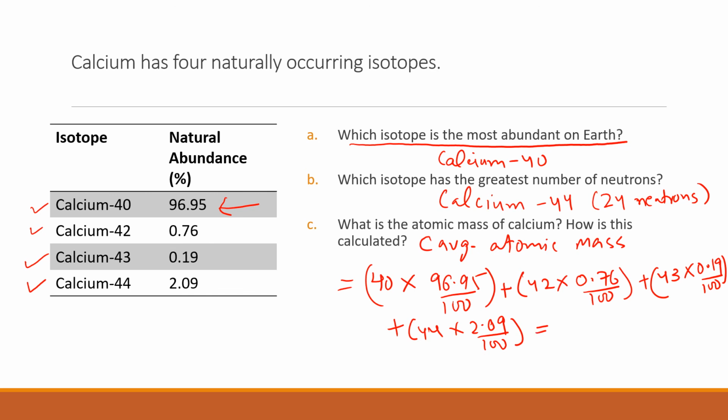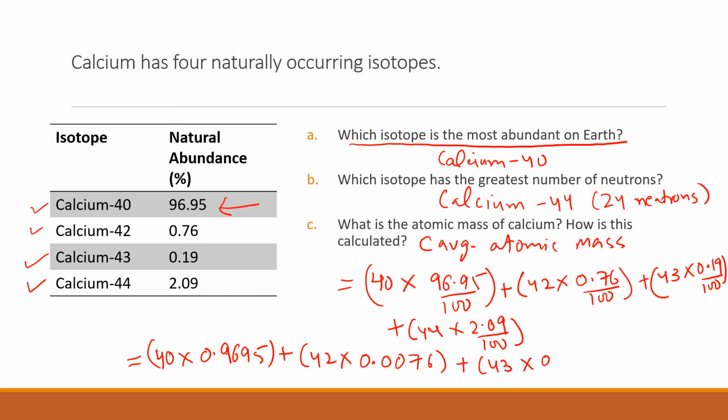If I solve this, let me write it here. It will come out to be 40 multiplied by 0.9695 plus 42 multiplied by 0.0076, plus 43 multiplied by 0.0019, plus 44 multiplied by 0.0209.